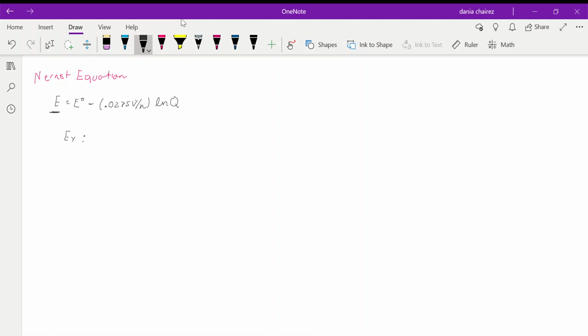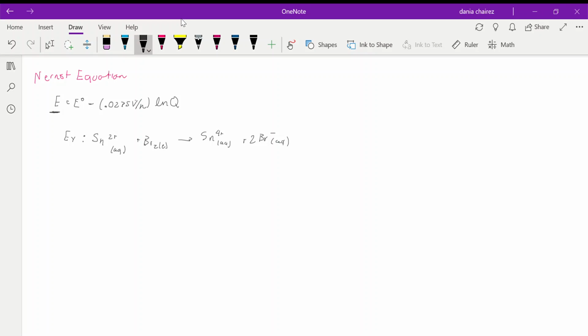where we have tin 2 plus aqueous plus bromine liquid yields tin 4 plus aqueous plus 2 Br minus aqueous.